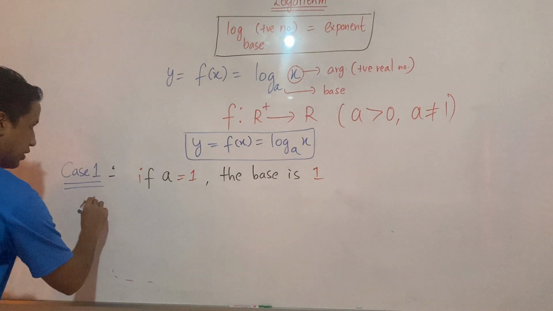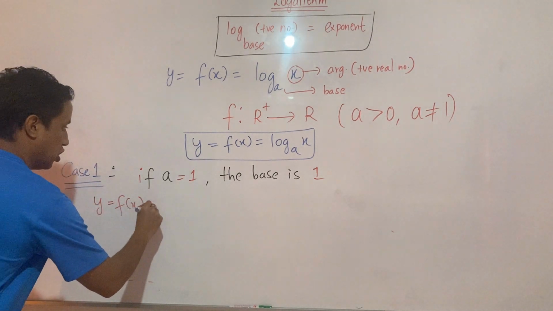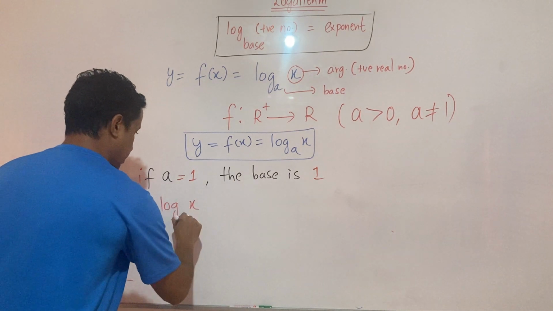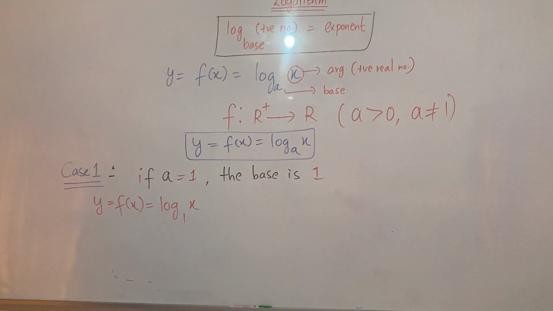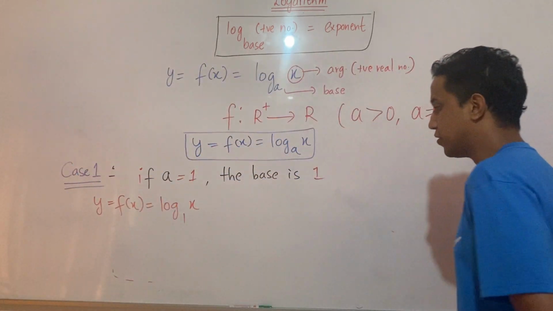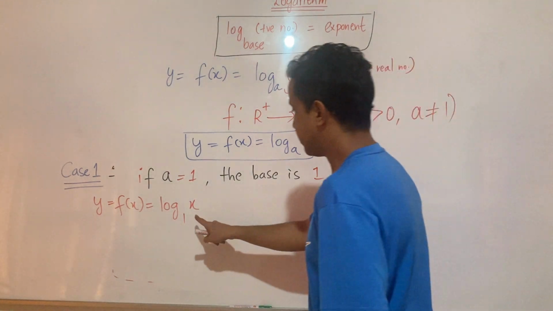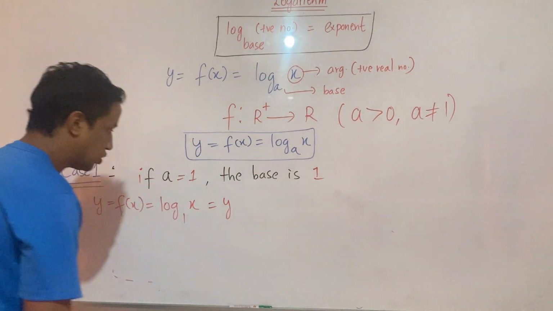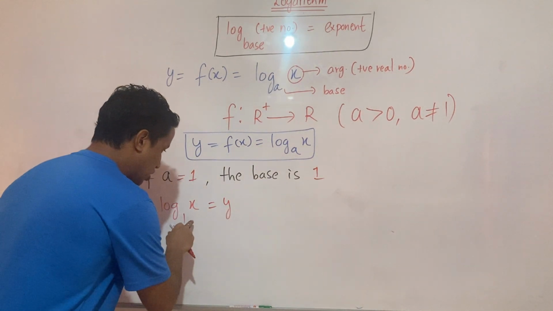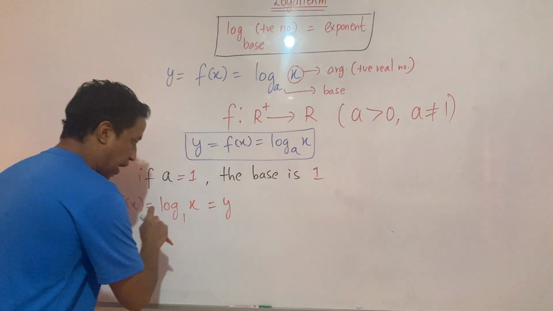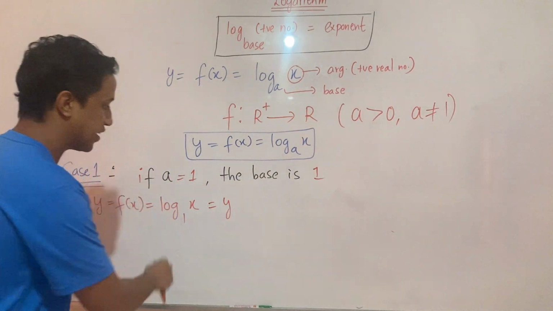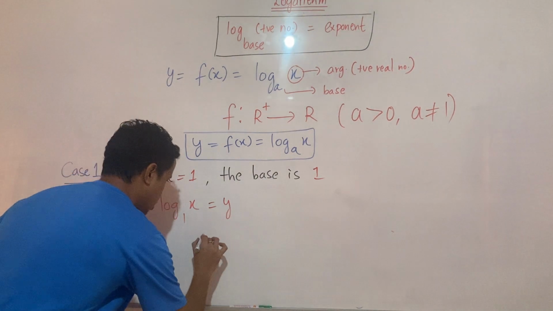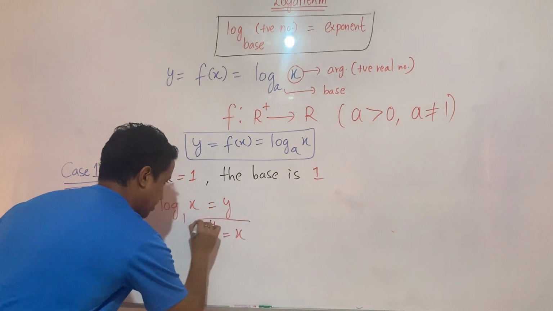So your y equals f(x) equals log of x to the base 1. What does it mean? It means that to what exponent this 1 must be raised to get x as your answer, so 1 to the power y equals x.